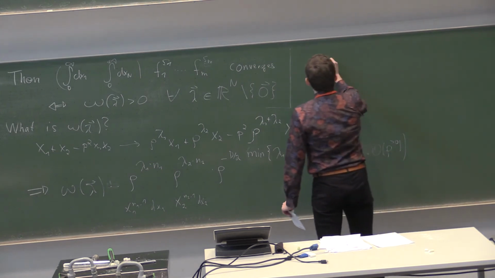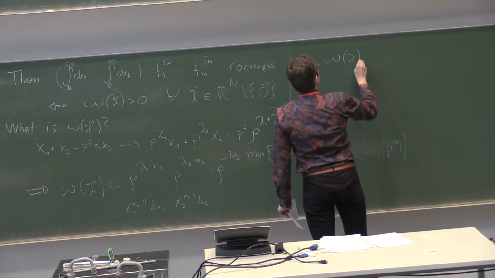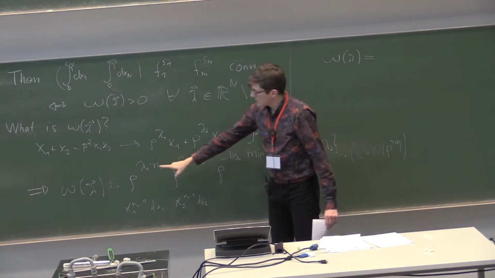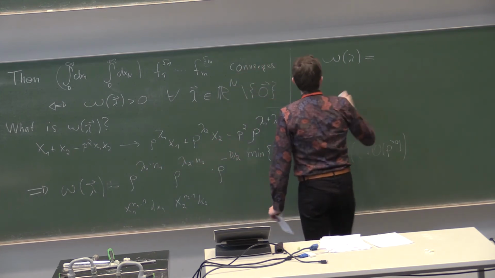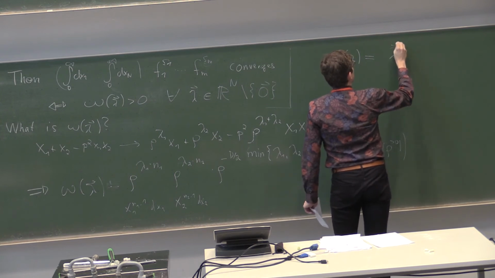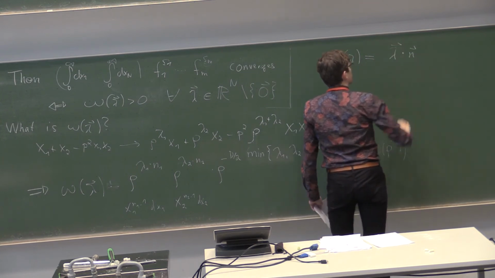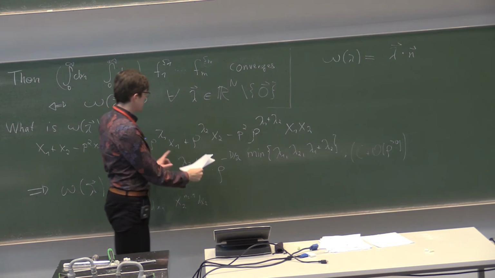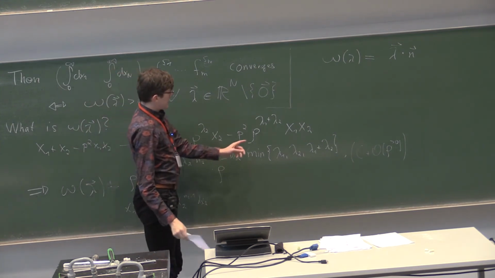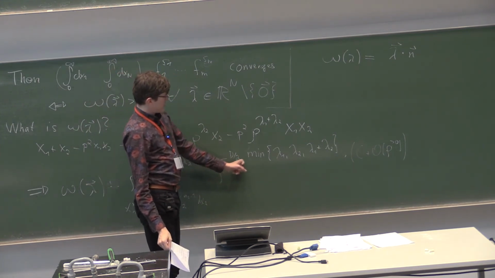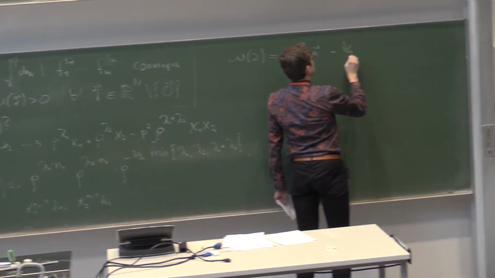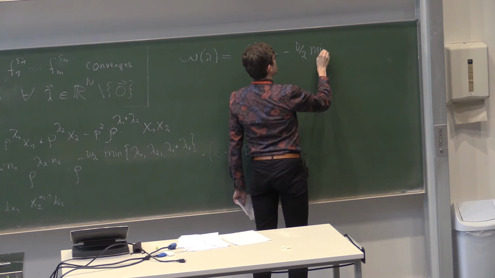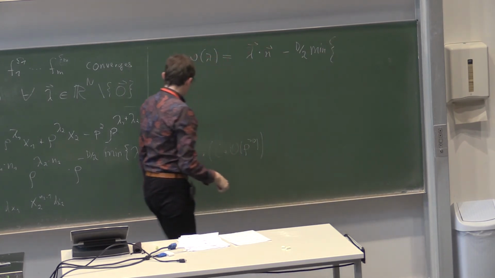Okay. So this omega is this here, lambda 1 n1 plus lambda 2 n2. And let me write this as the scalar product of lambda with n. This is from the measure. These are these two terms. And then we have this term with the minimum. Then we have minus d over 2 times the minimum. And let me also rewrite this.